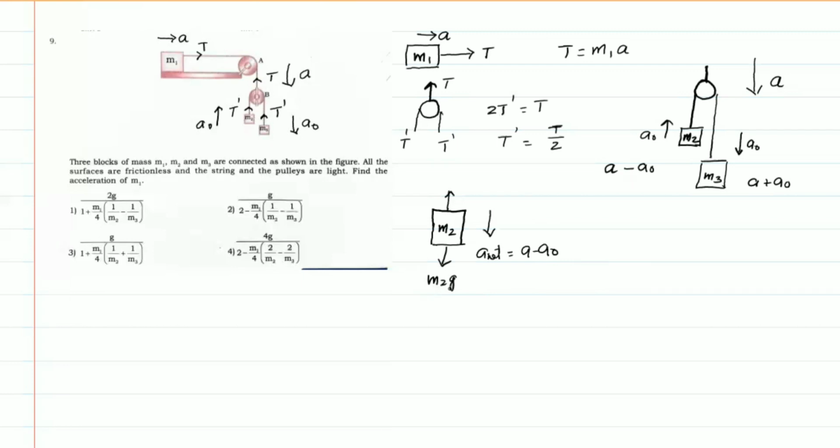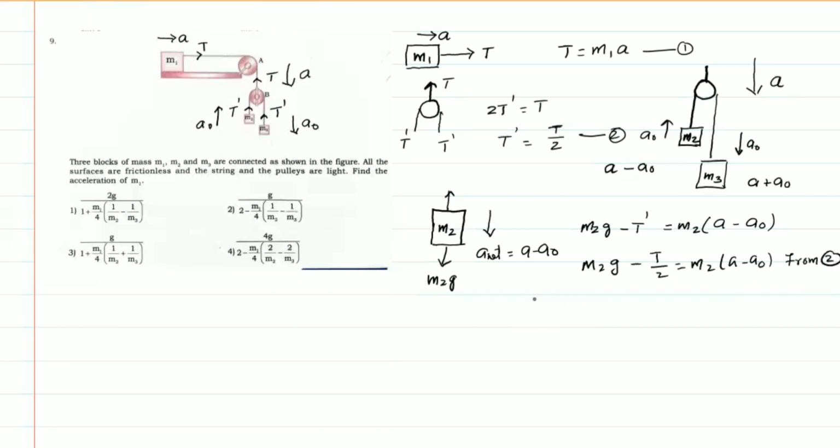Now if I write the equation for this m2 block, it becomes m2 g minus T dash is equal to m2 into A minus a naught. Yes or no? So now m2 g minus T dash is nothing but what, my dear? From the second equation, T by 2, that is equal to m2 into A minus a naught.